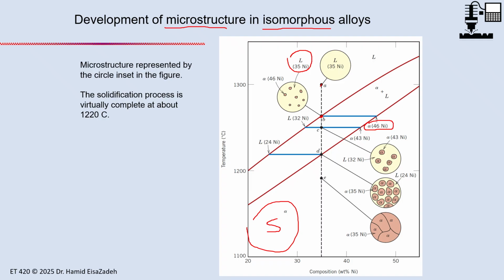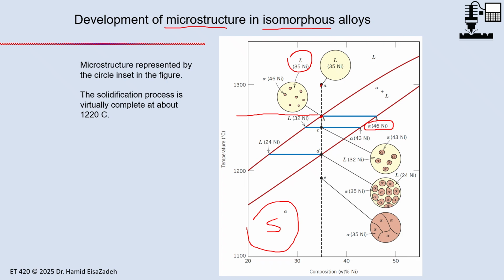And if we consider point A and then we drop the temperature until it reaches this point, we start forming solid material, and that solid material, as you see, is the red region, small circles inside the orange or yellow circle.